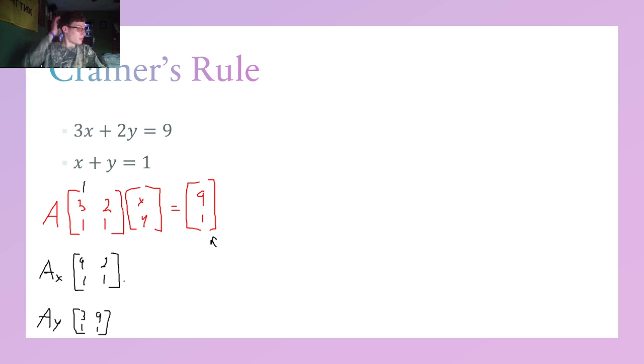Okay? So these are your matrices. Now you will find the determinant of each matrix. First off, let's find the determinant of A. Determinant of A is 3 times 1 is 3, minus 2. Determinant of A is a very simple 1. I believe.